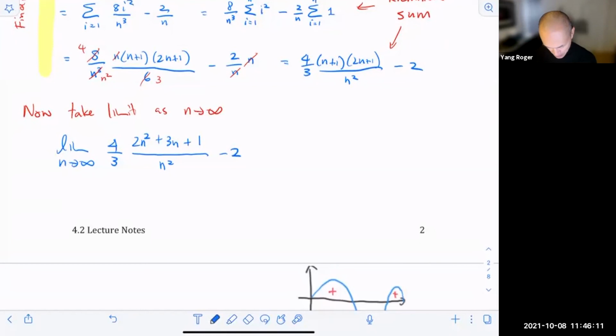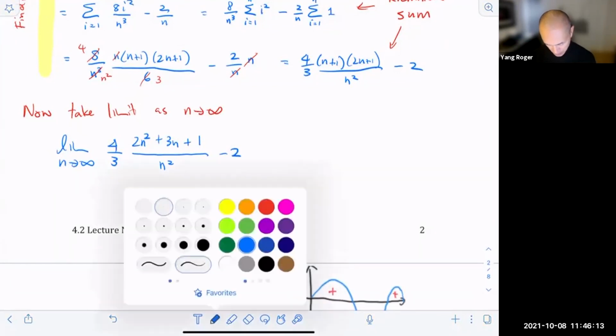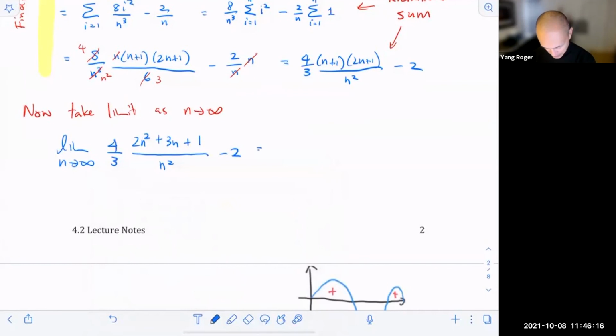I can write this as the limit as n goes to infinity, and I can split it up into two limits. So the first limit is going to be 4/3 times 2n squared over n squared plus 3n over n squared plus 1 over n squared.